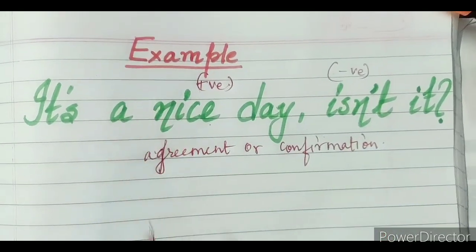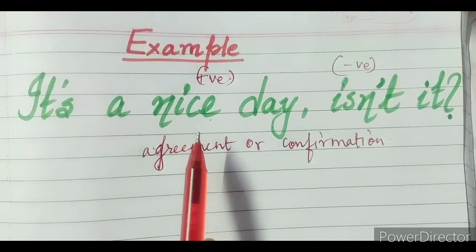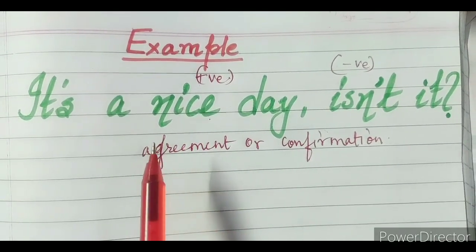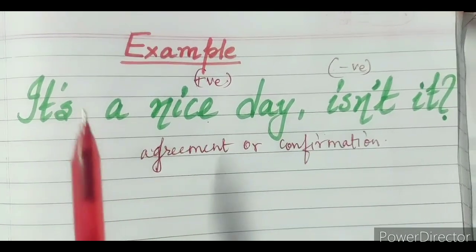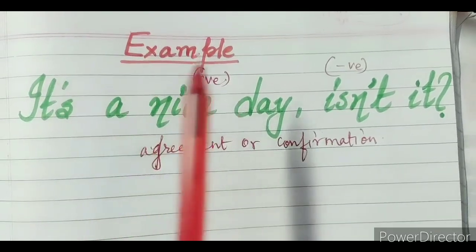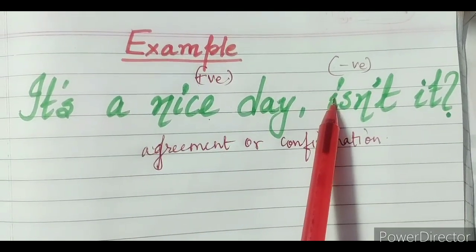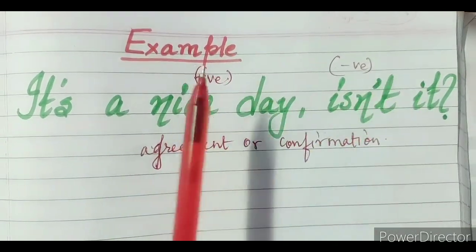Understood? So most important is you have to remember where we are going to use these question tags. Whenever you are seeking agreement or confirmation, you use the question tags. If the statement is positive, then the question tag will be negative, and if the statement is negative, then the question tag will be positive.